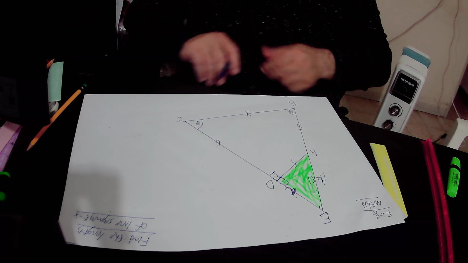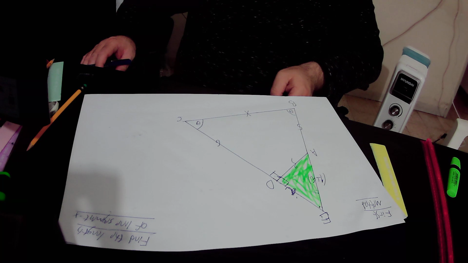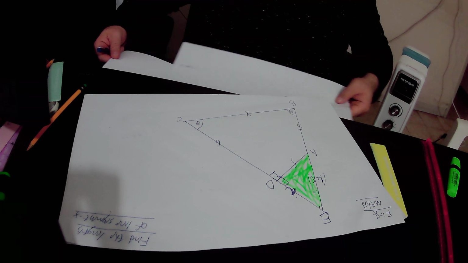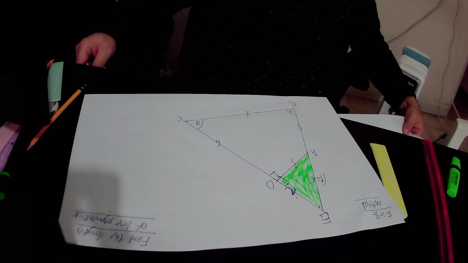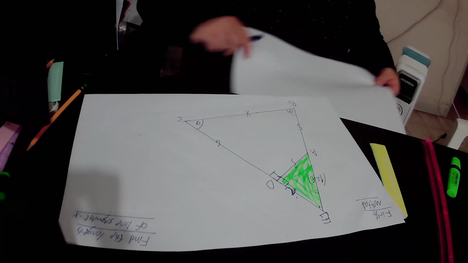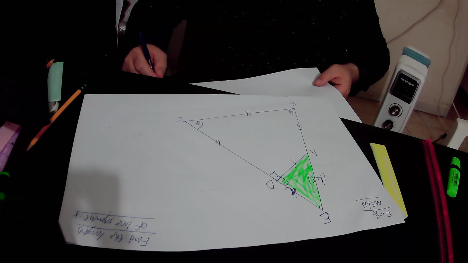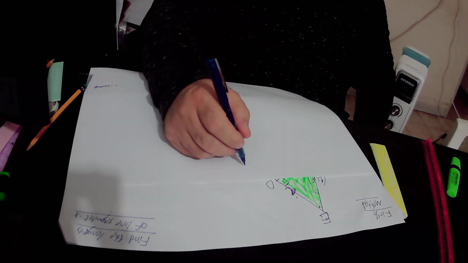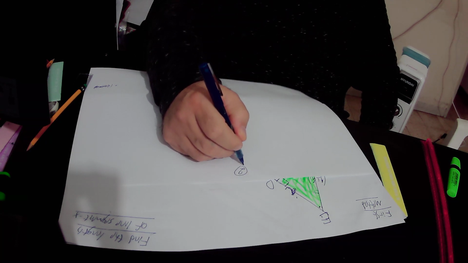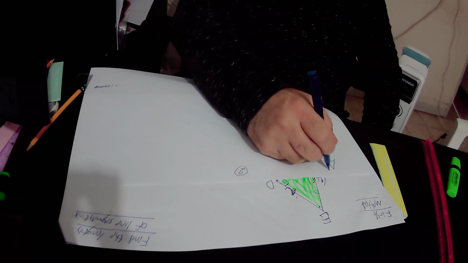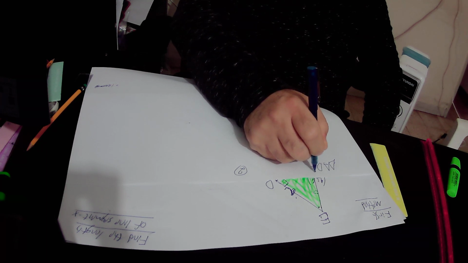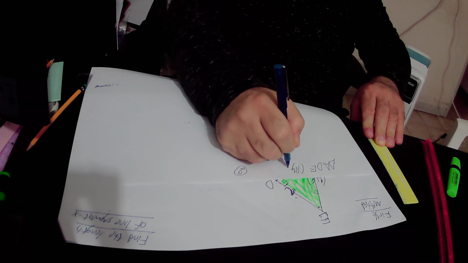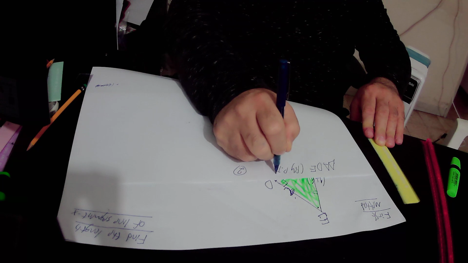Okay, so here, according to the Pythagoras theorem, in the right green triangle, triangle ADE, by PT, PT is the abbreviation for Pythagoras theorem.